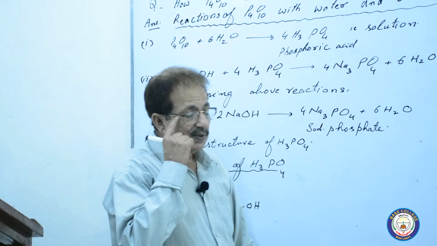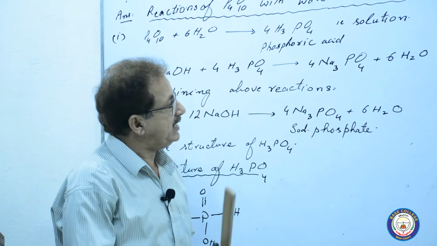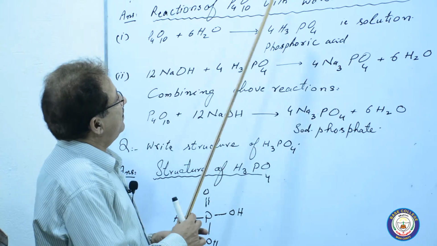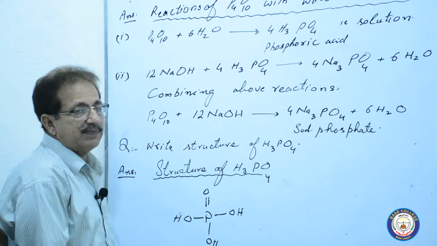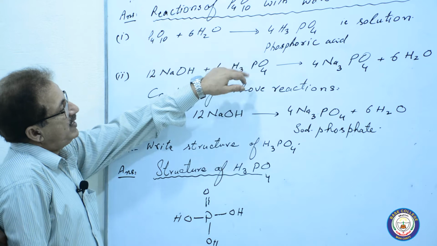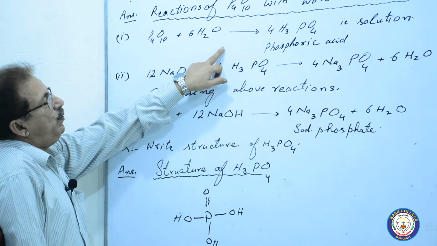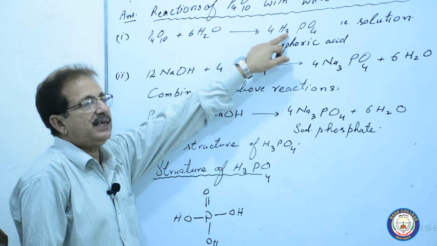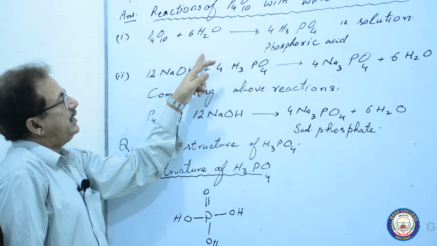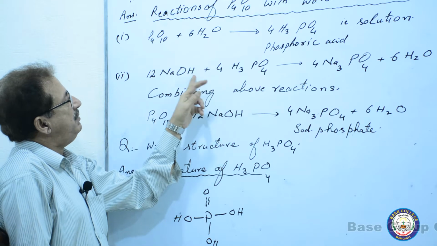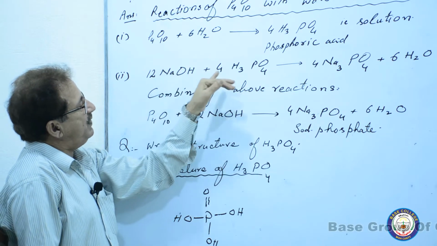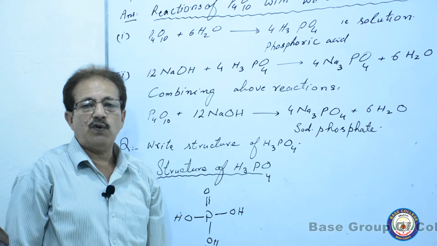Another way of this reaction is, when you get phosphoric acid, first of all one NaOH will react with it. In the second step 2 NaOH will react. In the third step 3 NaOH will react with H3PO4.